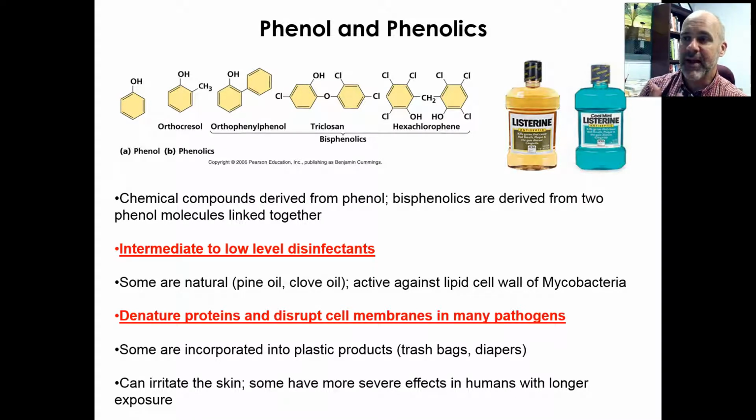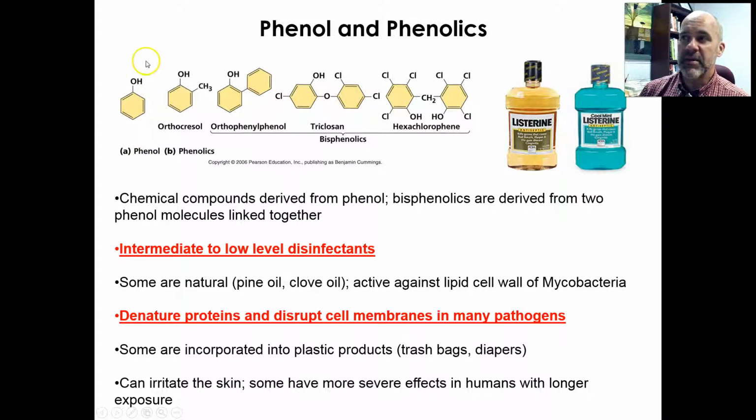Interestingly, these discoveries were made before we fully understood that microorganisms were responsible for human disease. They just realized that this phenol was working and helping the patients, and they didn't fully understand the reasons why. But anyway, this was the original chemical antiseptic used in human health. And yes, good old Listerine is named for Joseph Lister.